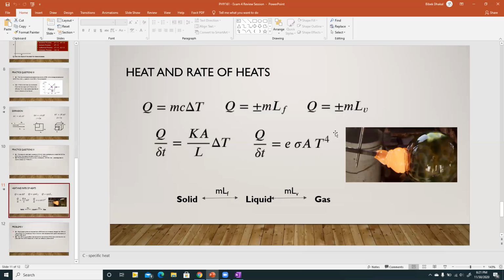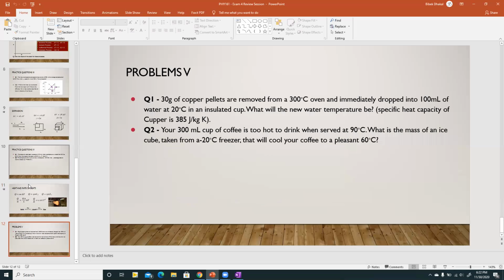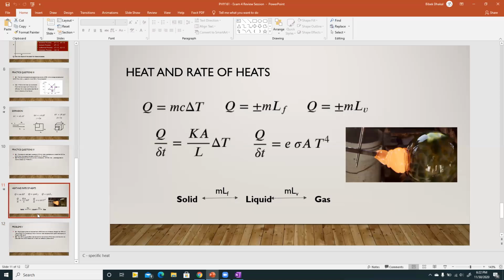It will be T2 to the 4 minus T1 to the 4. I'll show you how to do problems related to these equations as well, although I haven't pasted any questions in this slide. I'll go through one problem for each of these equations by the end of this program.